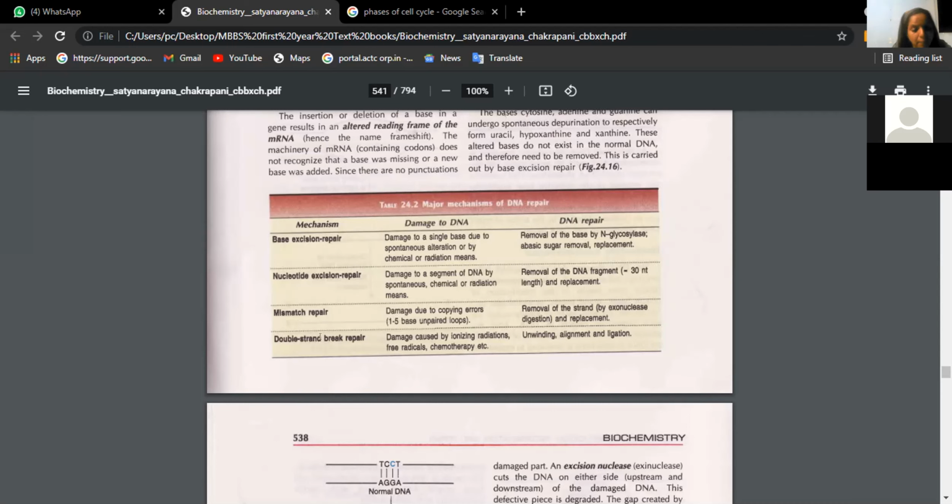Then double strand break repair, we know basically DNA is double stranded, isn't it? So suppose that double strand is broken because of radiation or free radicals or chemotherapy, so it is repaired by the process of unwinding and the alignment is brought back by means of ligation. Okay, we have certain ligase enzymes helping with that.